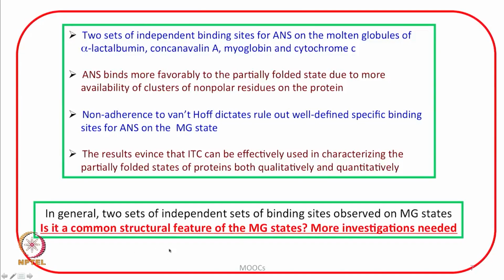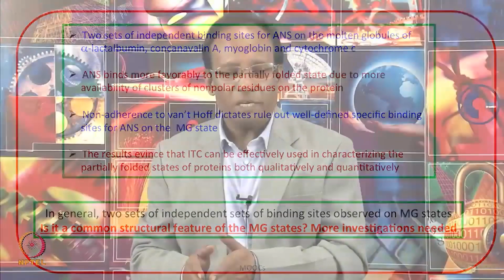So, is it a common structural feature of the MG states? More investigations are needed. As I mentioned, we cannot draw conclusions based upon one protein, two proteins, five proteins, etc. The experiments should be done with a variety of proteins in their molten globule state, and also with the various partially folded states which are even not fitting into the traditional definition of the molten globule states, to draw more general conclusions.